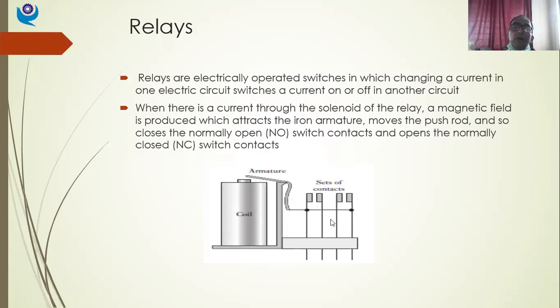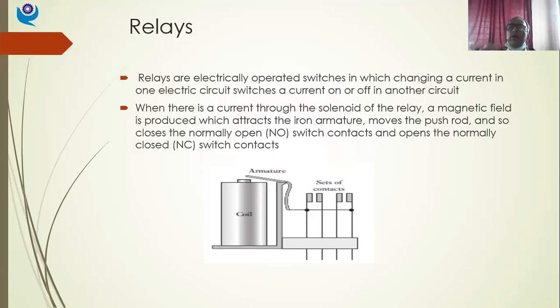Now, these contacts are connected to my external circuitry, where maybe I have a heater which is to be put on or off. Suppose it is a 10 kilowatt heater. A large amount of current is flowing through that circuitry, so I cannot do switching on those circuit currents directly. Instead, I make use of these relays.